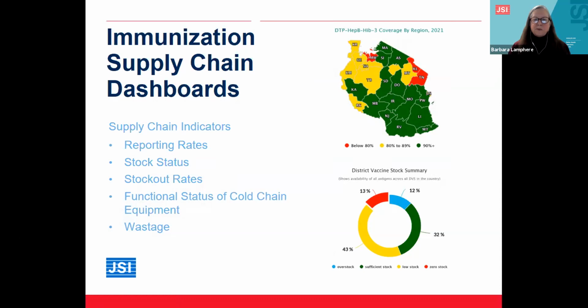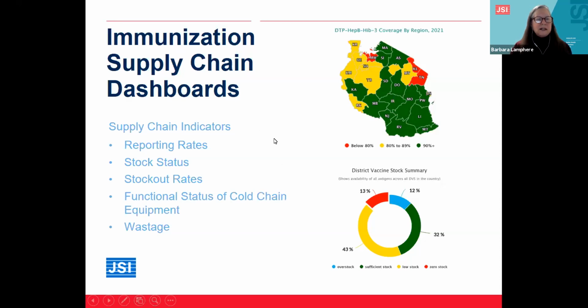And dashboards really can transform data into practical and actionable information through charts and graphs and visuals that provide you with information to improve performance, to see what's happening at different levels in the system, to see trends over time.